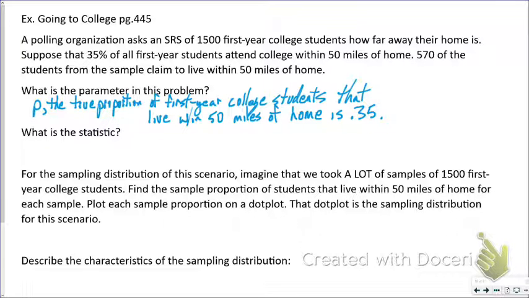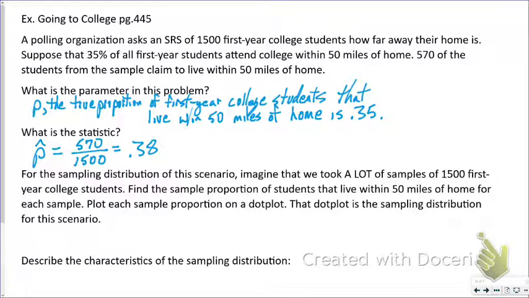The statistic is what do we get when we take a sample, and that's p hat in this case because it's a proportion. We took a sample of 1,500 and 570 said they live within 50 miles of home. I mean, you could stop there, but I like to work with decimals, and when you divide those, I believe you get 38%. So 38% is our statistic.